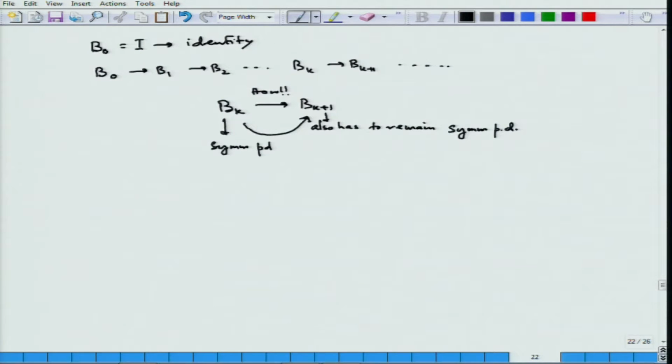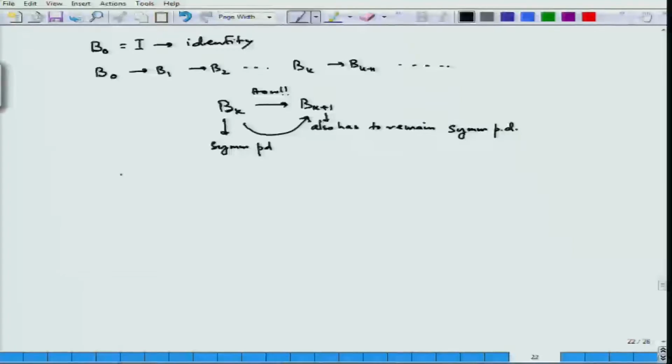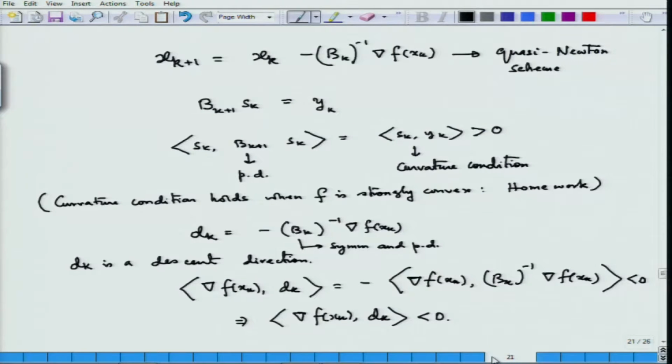The new B should at least be symmetric and satisfy the same sort of equation that we had just figured out. So, this is the equation B_{k+1} has in terms of s_k and y_k. So, k+1 and k are linked through this so called secant equation.